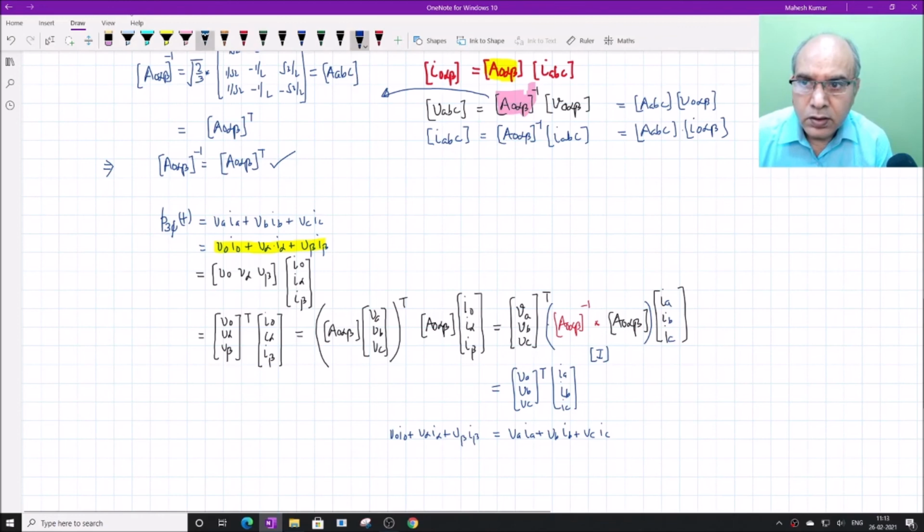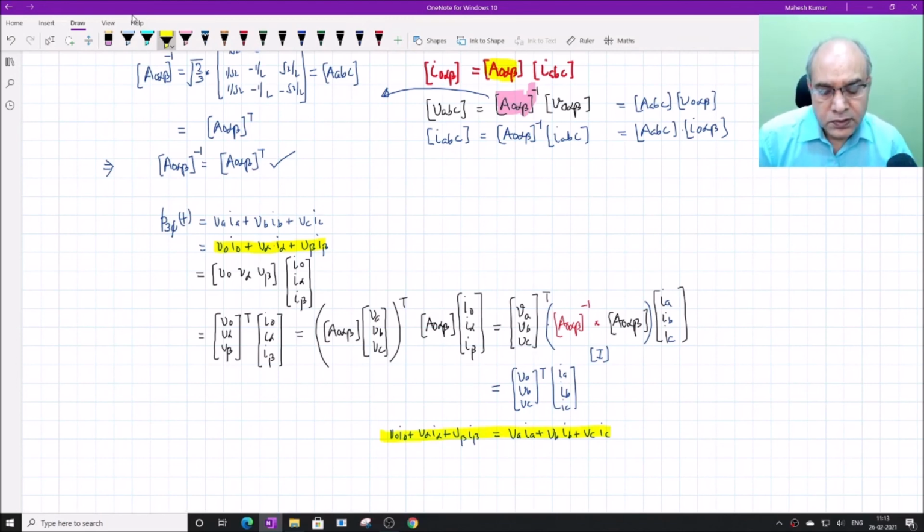Okay, and with this understanding we are ready to define the instantaneous active power, instantaneous reactive power based on these concepts. Okay.